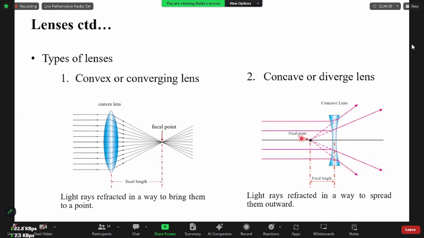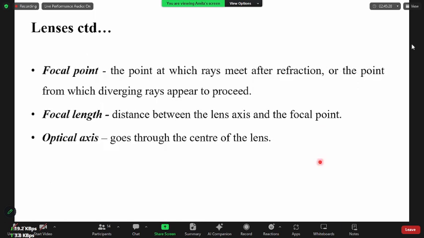We call that point the focal point. Right? So in a convex lens, you have the focal point on the other side from the light incident. In a concave lens, you have the focal point on the same side as the light incident. So here is the description of three things when you are dealing with lenses.